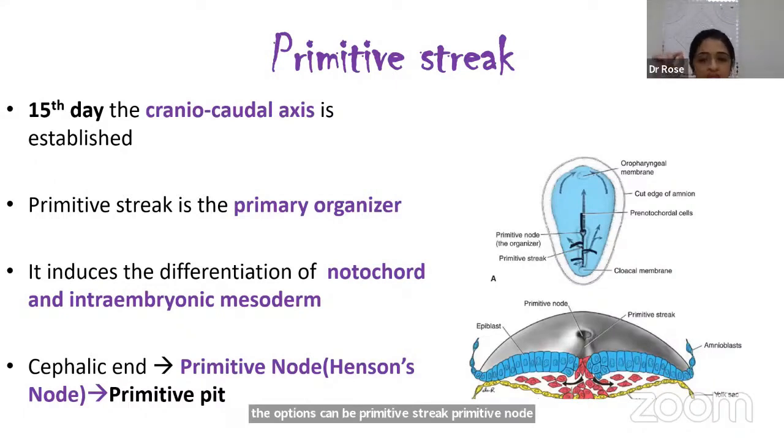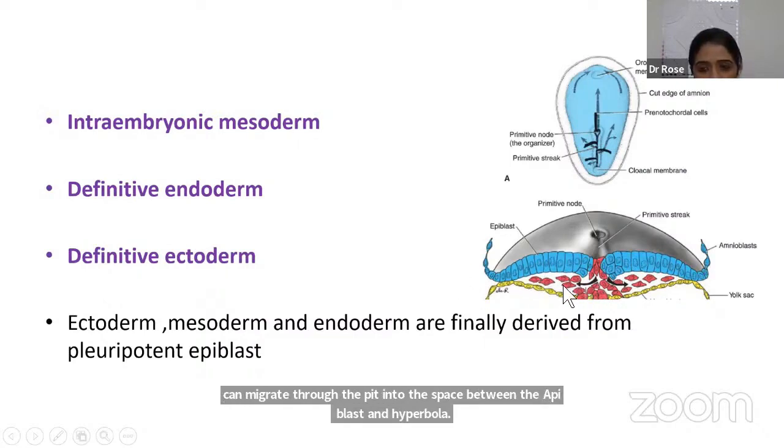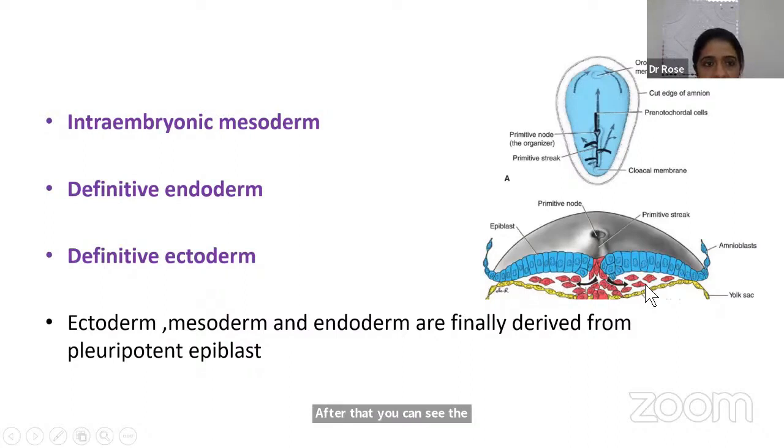Then there is a pit formed in the primitive node that is known as the primitive pit, because you need a pit on the primitive node so that the cells can migrate through the pit into the space between the epiblast and hypoblast. After that, the cells migrate and form the third layer, the intraembryonic mesoderm.